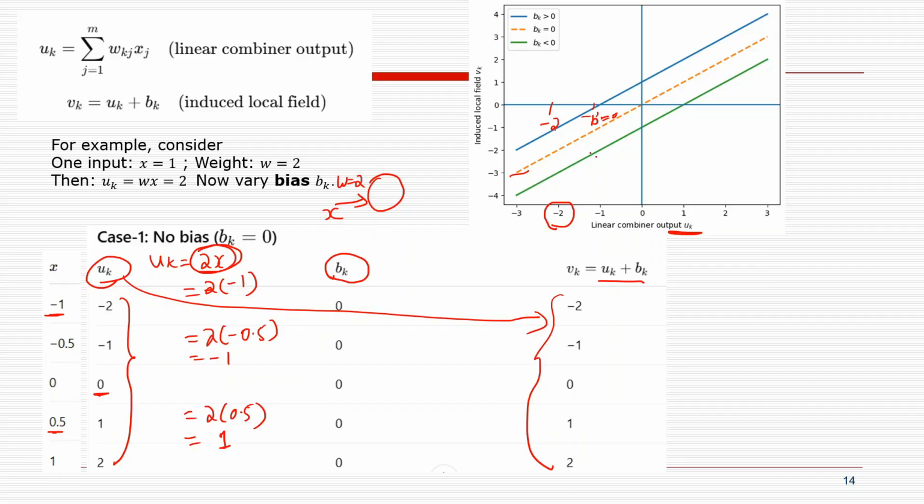Therefore, when UK was 0, VK was also 0, and the line passed through the origin. When the bias is 0, the linear combiner output is equal to the induced local field, because BK will not have any effect.